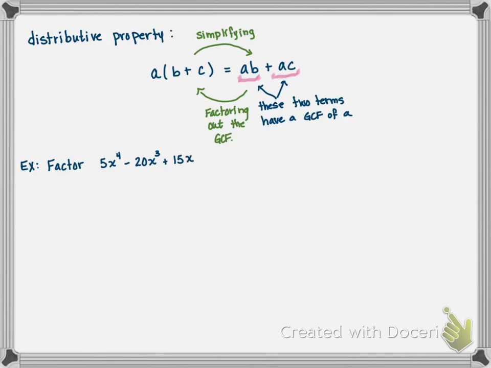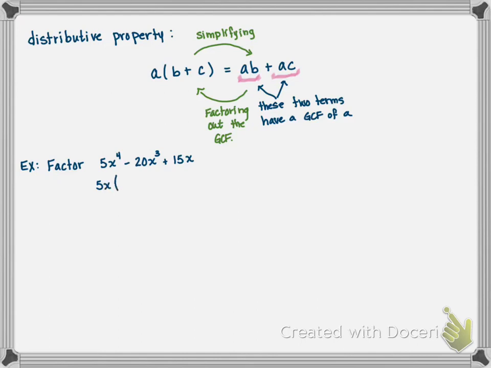So when I look for GCFs, I just look at the numerical factors, and then I look for common factors in the variable factors. So 5, 20, and 15 all have a common factor of what? 5, right. So 5, 20, and 15 have a common factor of 5, and then our variable factors have a common factor of x. Good, so our GCF is 5x.